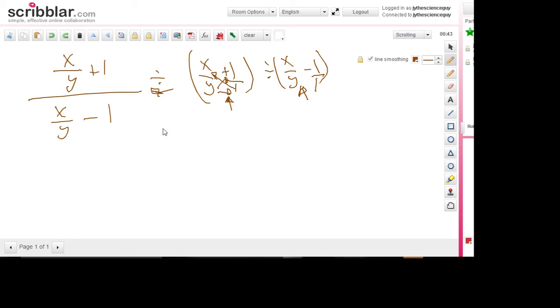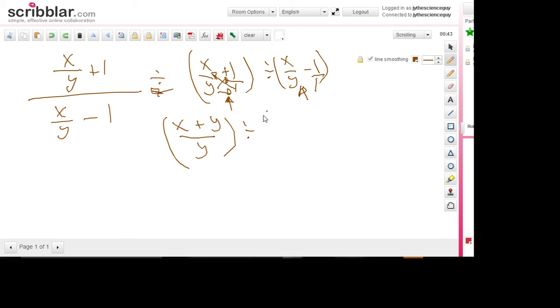So we're doing the first one first. We're going to do x, just x, and then just y. And then what goes in between? Plus y. And then what goes on the bottom? Over y. Good. Do the other parentheses.